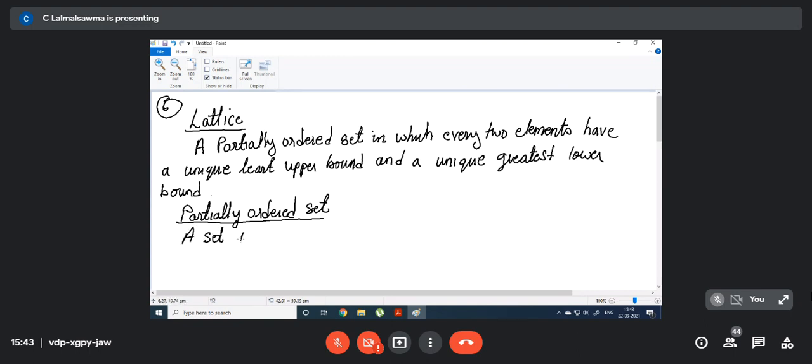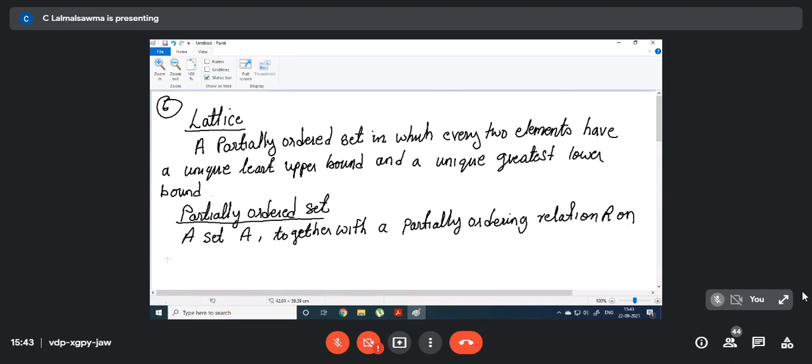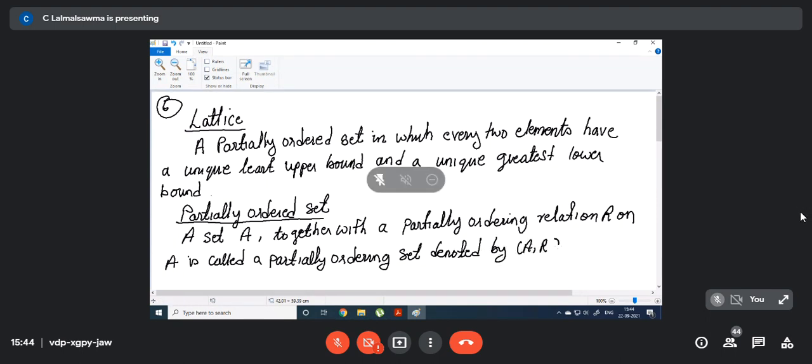A set A together with a partially ordering relation R on A is called a partially ordered set, denoted by (A, R).